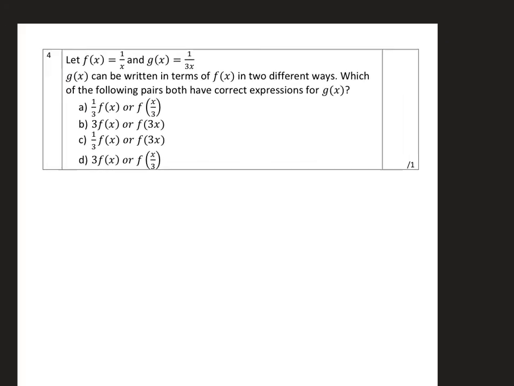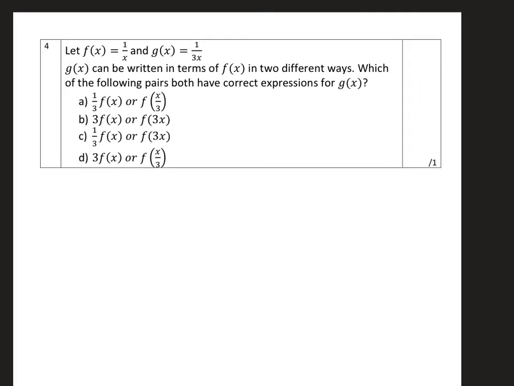f of x is 1 over x, g of x is 1 over 3x. g of x can be written in terms of f of x in 2 different ways. Which pair has both correct expressions for g of x? Well, 1 over 3x, that's g of x. I can think of that as subbing in 3x into 1 over x, so I can think of that as f of 3x.